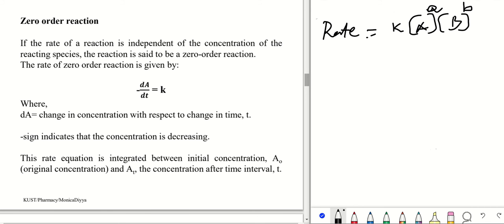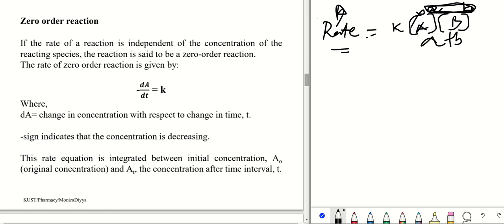To know the order of this particular reaction, we sum up these two values, the number of moles of reactant A and the number of moles of reactant B, which gives the order of reaction. But when we discuss the zero order reaction, the reaction rate is not dependent on the concentration terms.